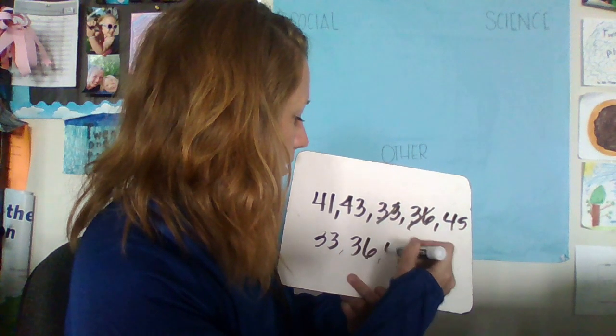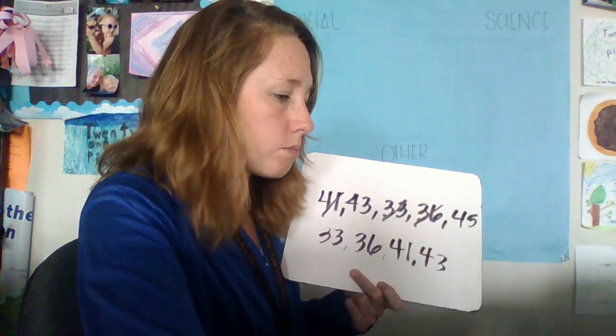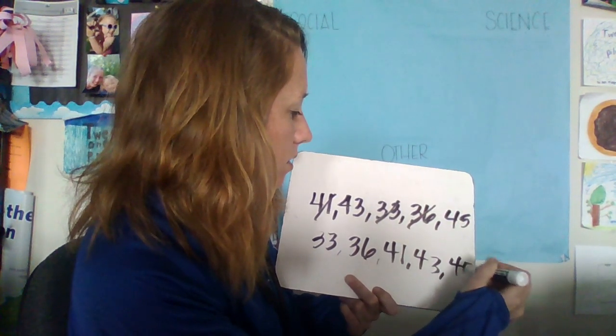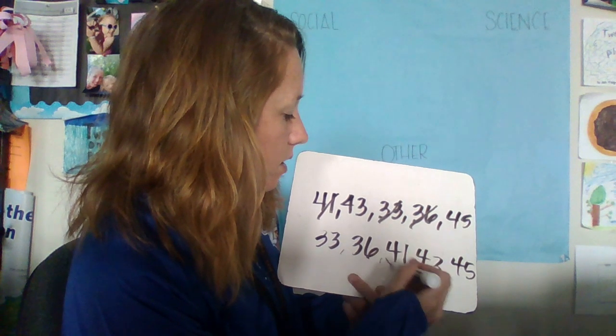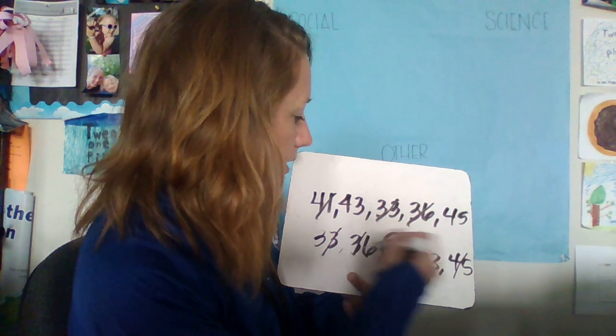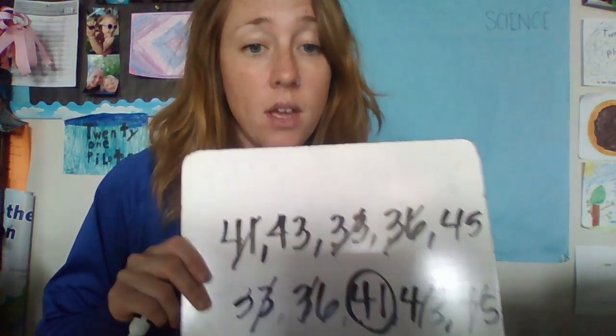Then I have 41. And I have 43. And then I have 45. So I'm going to look in the middle because I have outside, next is 41. So the average number or the median number of pages I would have would be 41.